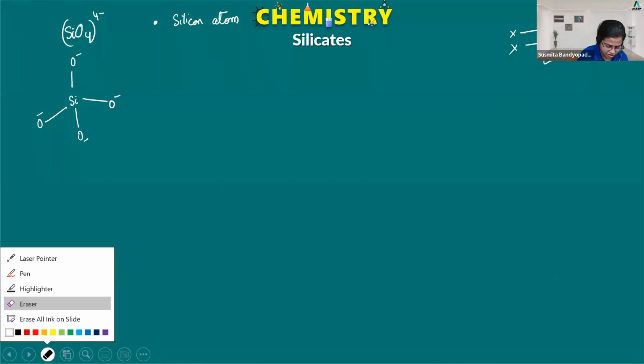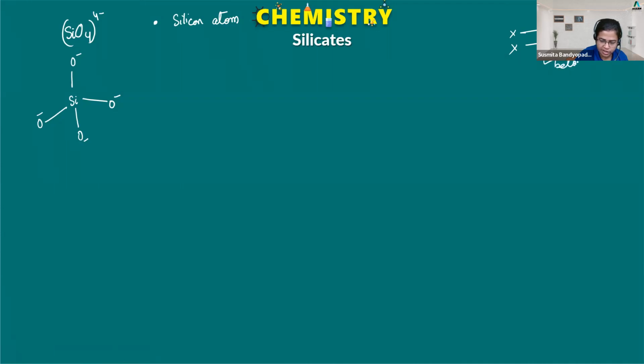But that's in Fischer. Here we are talking about inorganic chemistry. Here the rule is very simple, one simple rule. Silicon will be represented as a dot. And you have four O minus bonded to it. O minus, O minus, O minus. The fourth O minus is actually in a plane above silicon.